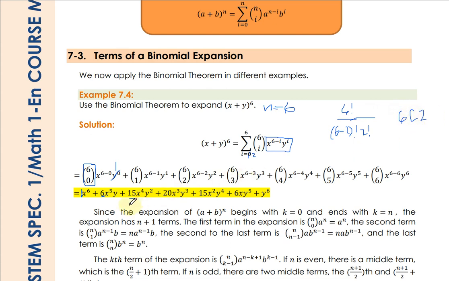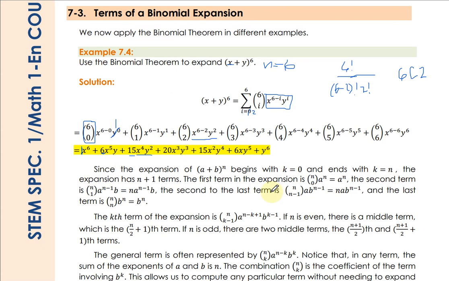So the answer there is equal to 15. Next is the variable. So that is x to the 6 minus 2 times y to the power of 2. Or just simply remember that for x, or our a here, the power decreases, while for y, the power increases. Okay?